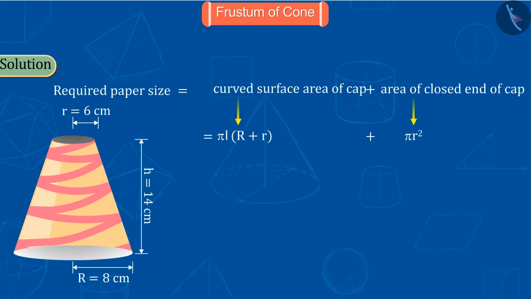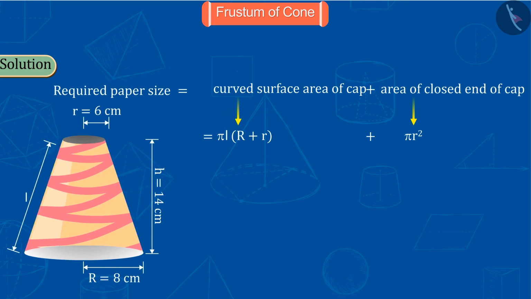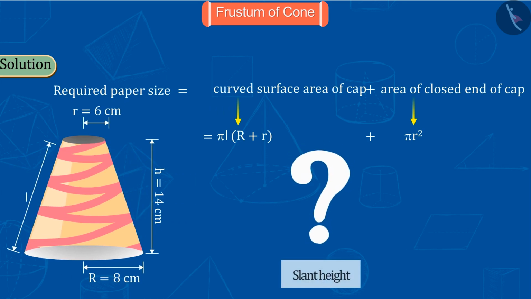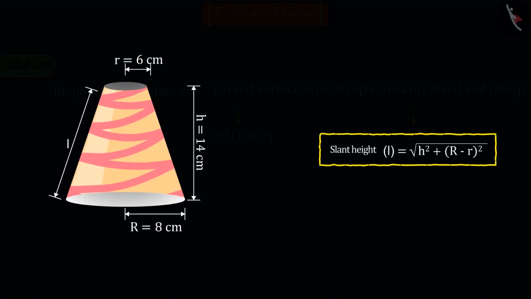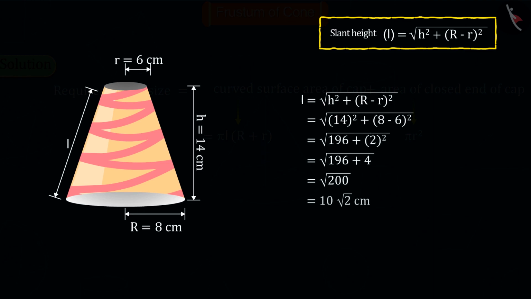From the formula, you can see that to find the curved surface area of the cap, we need its slant height, which is not given in the question. Now, how can you find the slant height? Well done. We can find the value of the slant height from this formula. Replacing all values, on solving, we get the value of l, that is, the slant height, 10√2 centimeters.